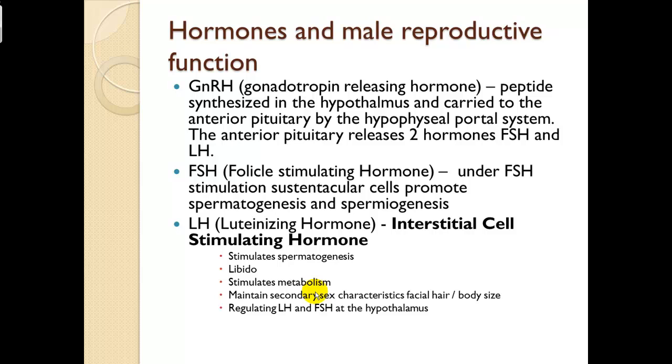Under follicle stimulating hormone, testicular cells promote spermatogenesis and spermiogenesis. Under luteinizing hormone, interstitial cells stimulate hormones, and this hormone stimulation stimulates spermatogenesis, increases libido, stimulates metabolism, maintains secondary sex characteristics, facial hair, body size, and regulates luteinizing hormone and follicle stimulating hormone at the hypothalamus. So this is kind of a negative feedback system.